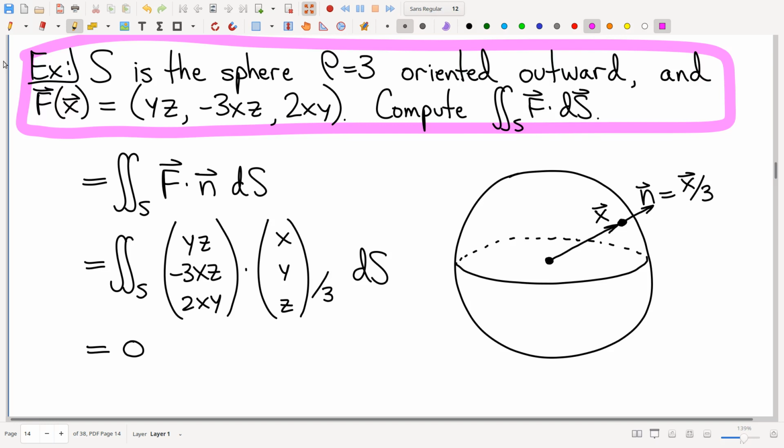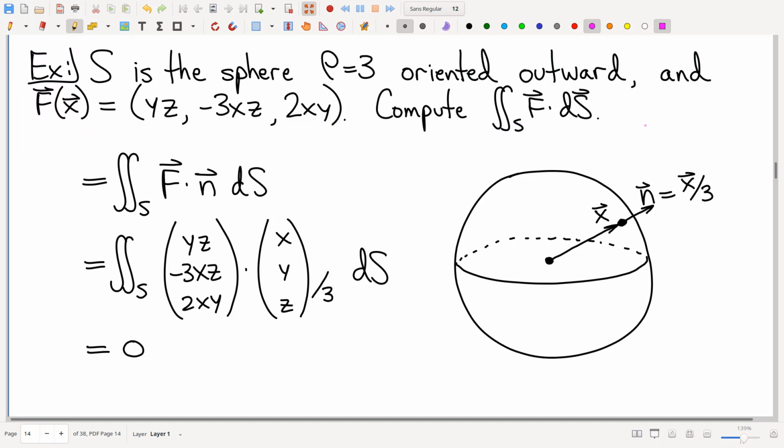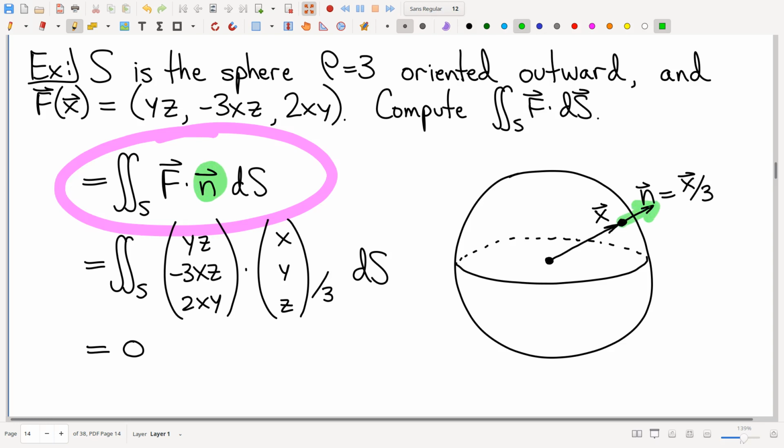What's nice, though, is that you can avoid all that in this case because among our formulas for flux, we have this one, and I can see exactly what my unit normal vector is, using a trick not unlike what we saw in an example some time ago.